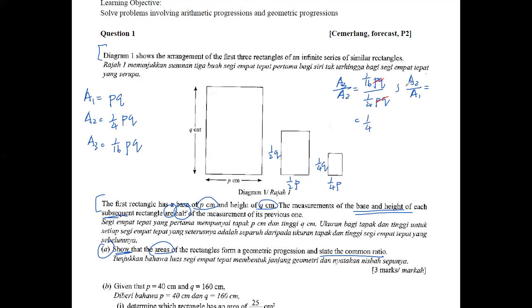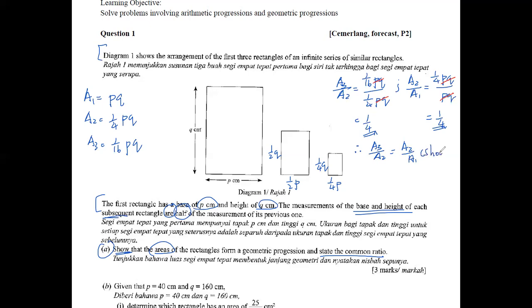Meanwhile, A2 divided by A1, A2 is 1/4 PQ, A1 is PQ. Similar to the previous one, PQ can be simplified. You will have 1/4 divided by 1, which is 1/4. We got the same outcome, right? We have to write it this way: A3 divided by A2 is the same as A2 divided by A1.